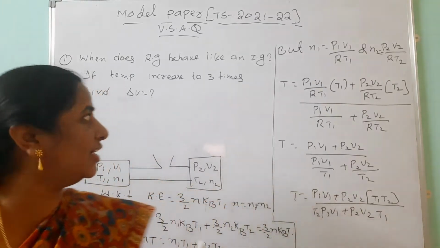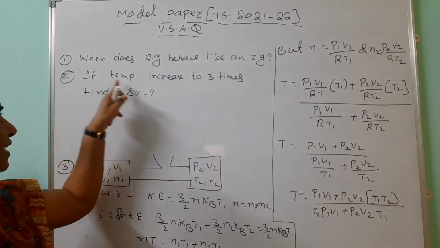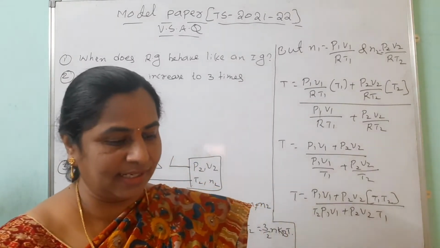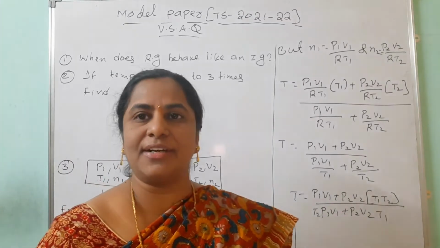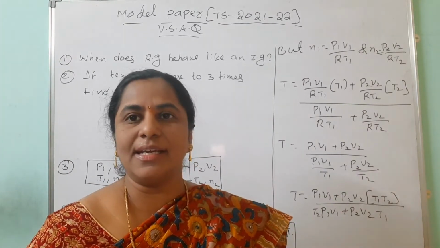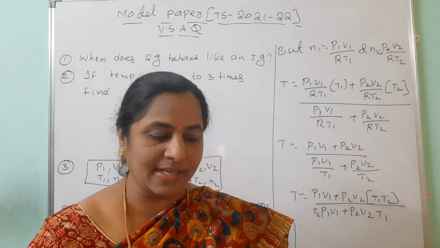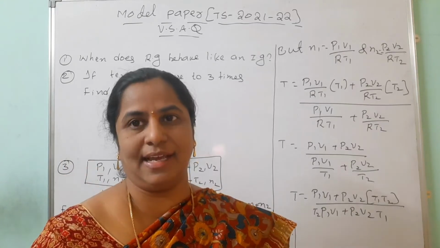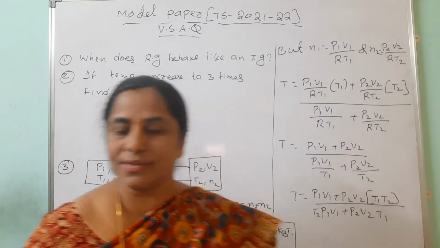Then our second very short answer question: the absolute temperature of a gas is increased 3 times. What will be the increase in the velocity of the molecules of the gas? See, here a single gas is given. So which formula are we using here?